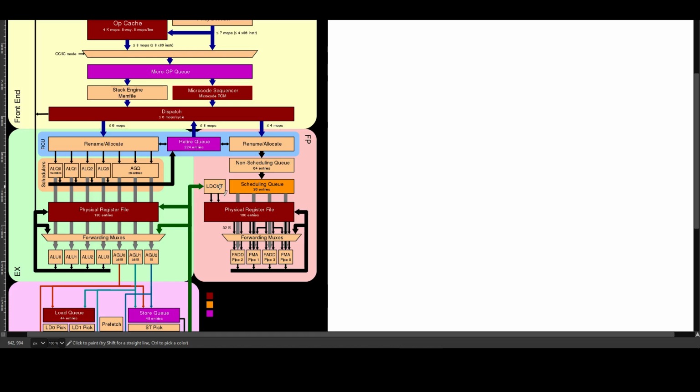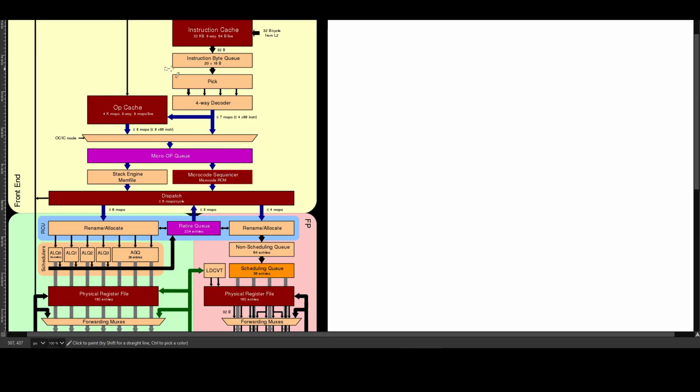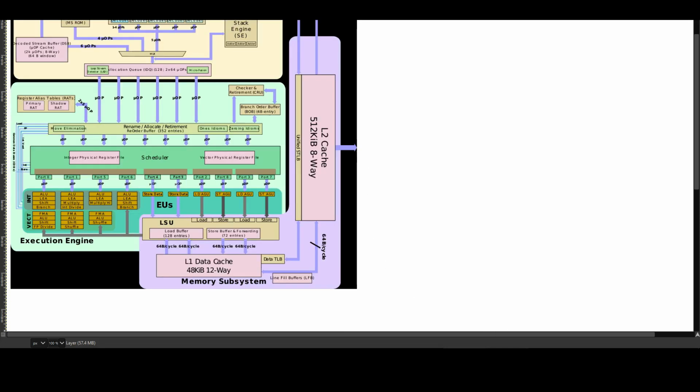But one of the weaknesses they designed into the architecture was that Zen has quite a narrow instruction queue. So here we have the instruction queue. It's only 20 deep in Zen2, compared to Skylake, where the instruction queue is 50 deep, and it's retained the same in Sunny Cove.